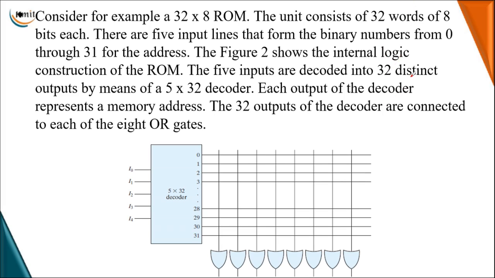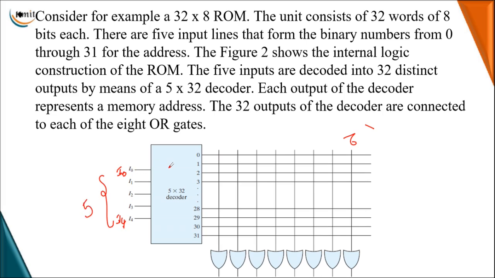We can write 2 power 5 is equal to 32, and 5 address lines are required. These 5 address lines are denoted as I0 to I4. The first address input is denoted I0 and the last address input is I4. So the total number of address lines required is 5.